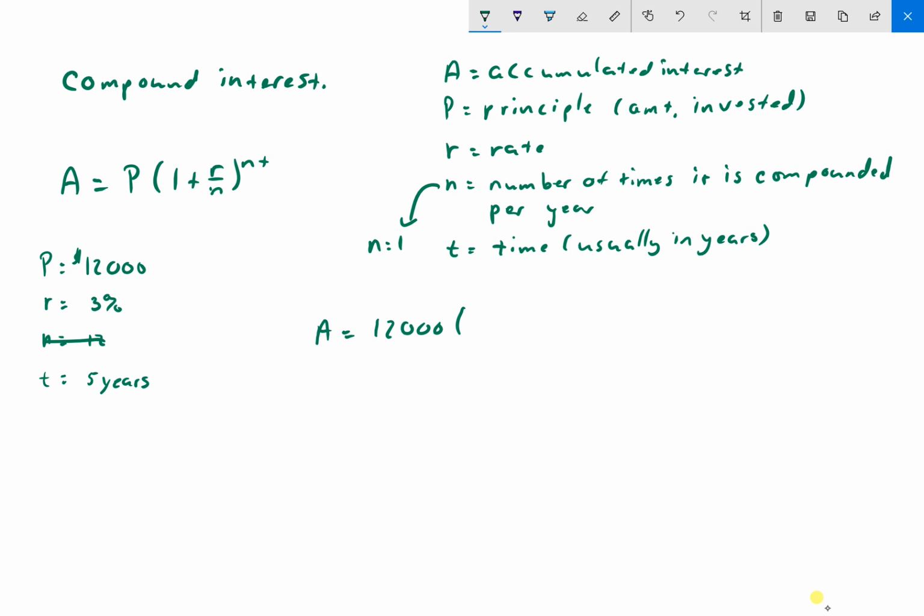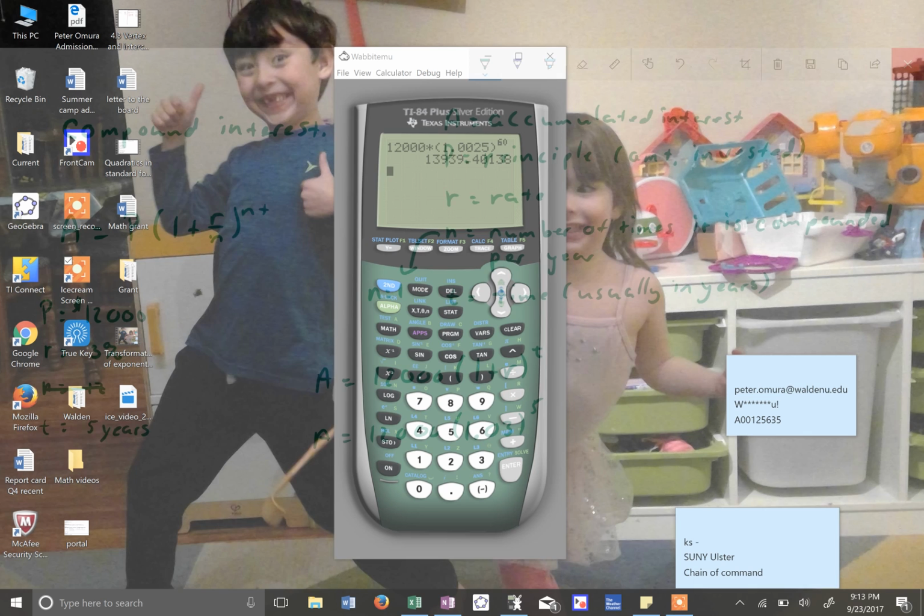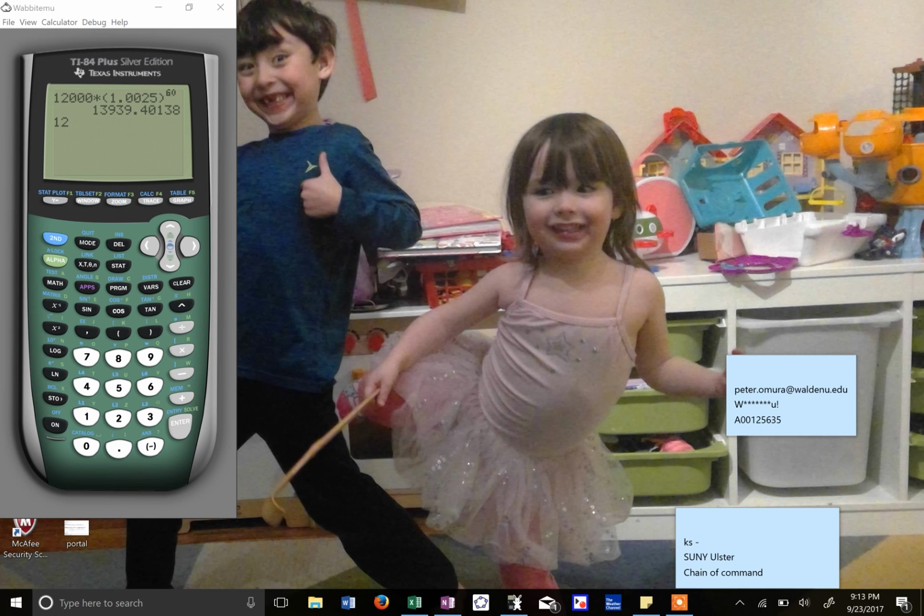And then it's just 1 plus R because you'd be dividing by N here, which is 1. So you get A equals 12,000 times 1.03 to the fifth, and it just becomes much easier. 12,000 times 1.03 to the fifth, and you get another answer.